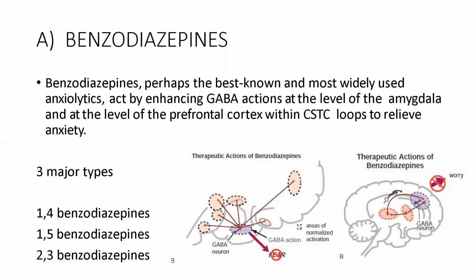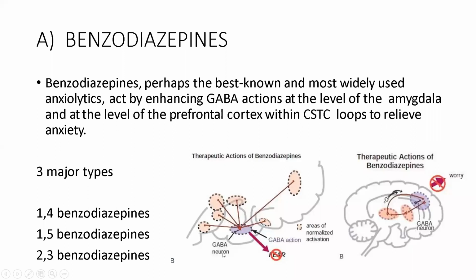As you know, in anxiety there is down regulation of GABA receptors, that is, inactivity of the GABA receptor occurs. But here the drug enhances GABA actions at the level of the amygdala and also at the level of the prefrontal cortex within the CSTC loops to relieve anxiety. These are the two main regions of the therapeutic action.